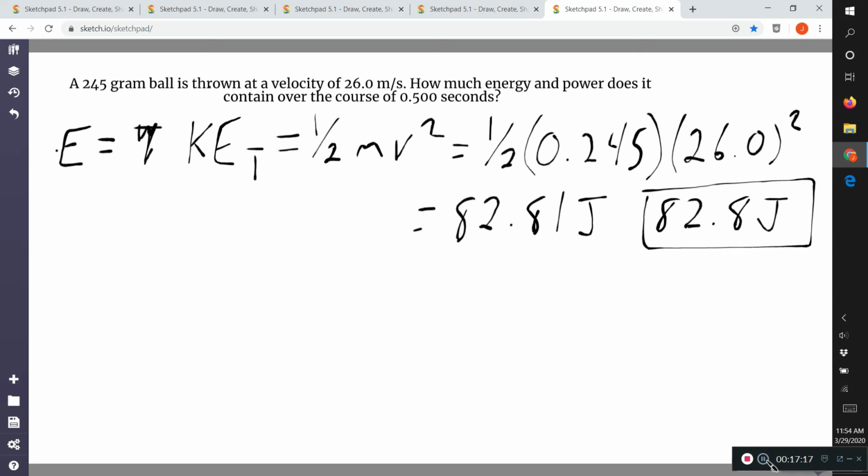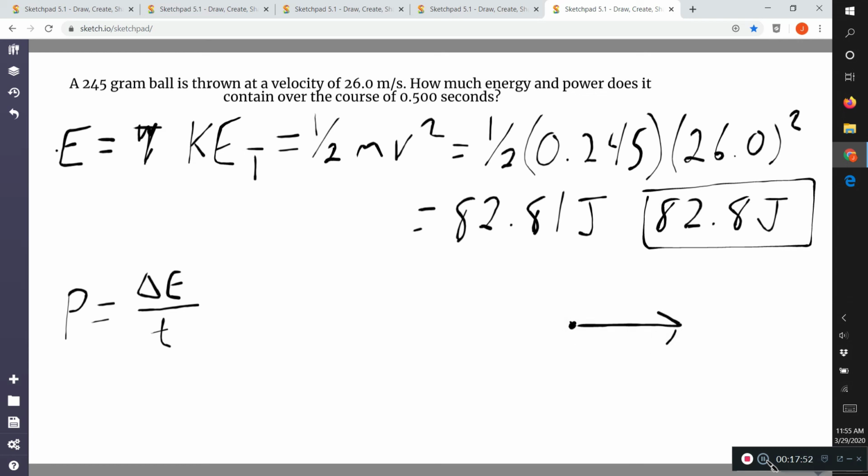Now we can use that energy to find our power. Power is equal to change in energy over time. What's interesting here is this almost becomes what you consider a trick question. In this situation, is the energy changing? Nothing in this indicates that the ball is slowing as it flies through the air.